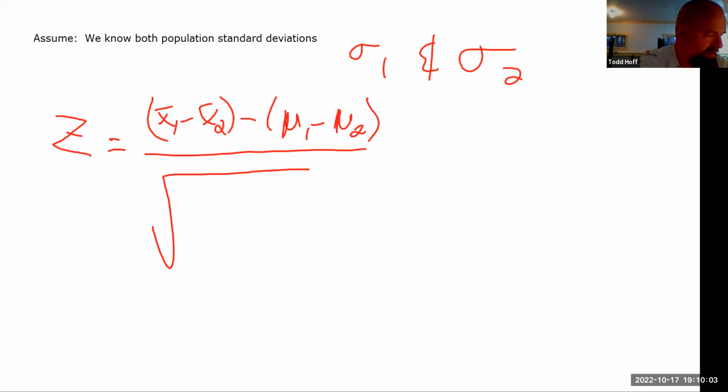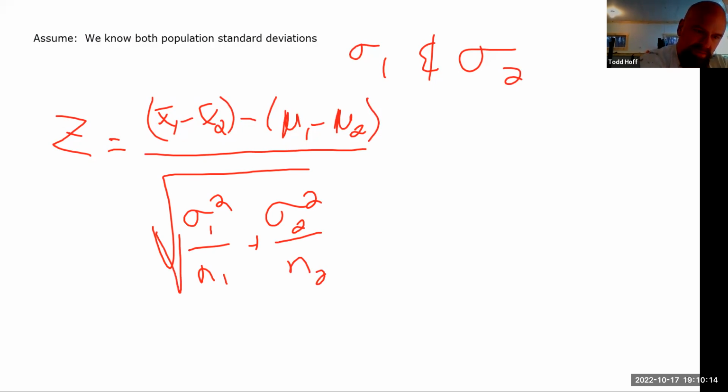So sigma 1 squared over N1 plus sigma 2 squared over N2, all in that square root. Well, that's not a pretty statistic to calculate, but let's take a look at an example here.